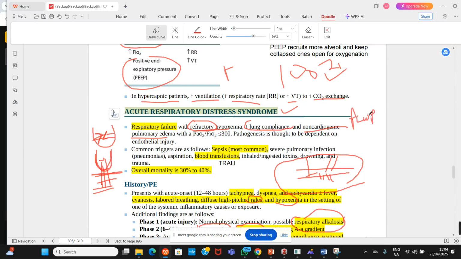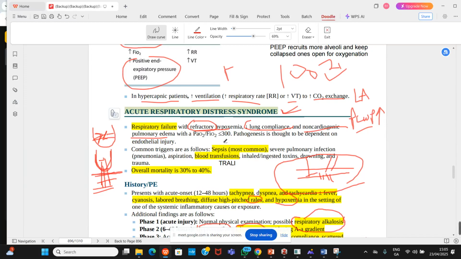So if we measure the PCWP, which is the pulmonary capillary wedge pressure, which gives us a reflection of the left atrial pressure, it is going to be normal in them. But someone that has heart failure, we expect the PCWP to be what? To be elevated. So if we see somebody having features of pulmonary edema and PCWP is normal, don't think of heart failure. It's a possibility that the person is having ARDS.